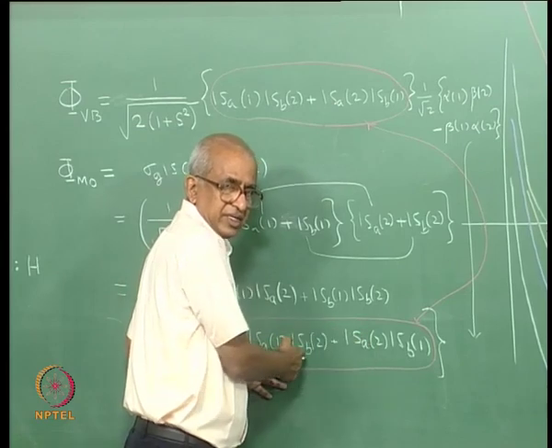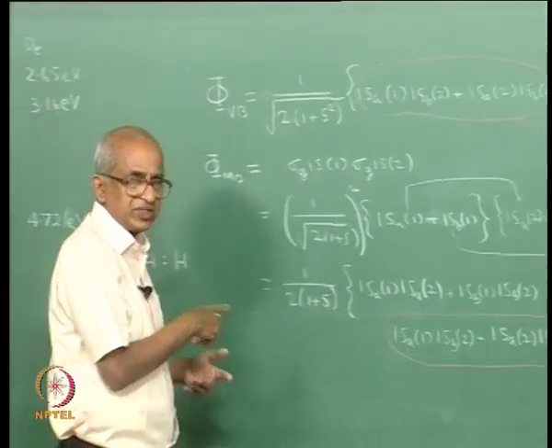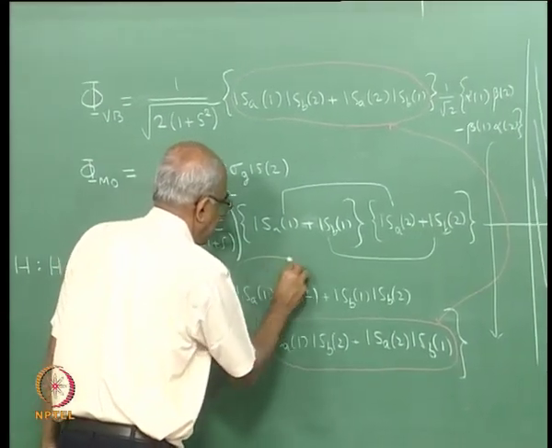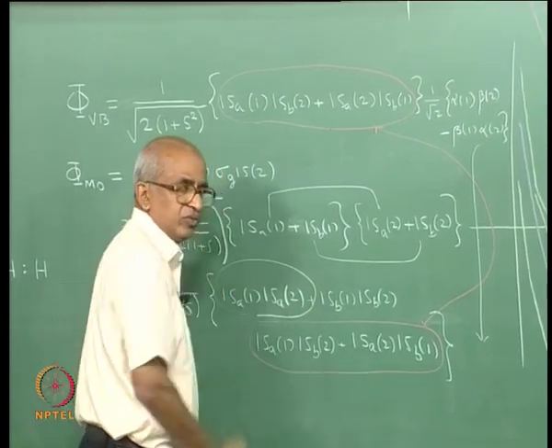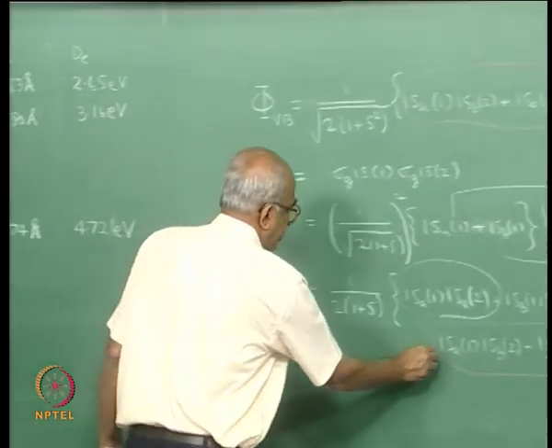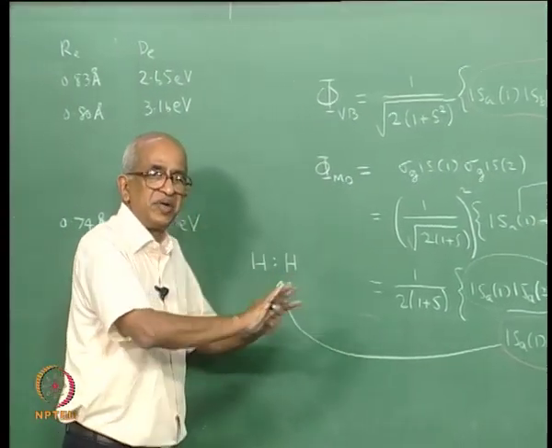The same thing is contained, but the MO function has other possible contributions also from a case like 1s A1, 1s A2. So, how will I represent that? Well, you can say okay, this represents a situation where the electrons are shared equally by the two nuclei.